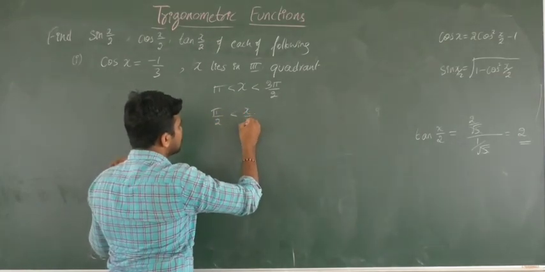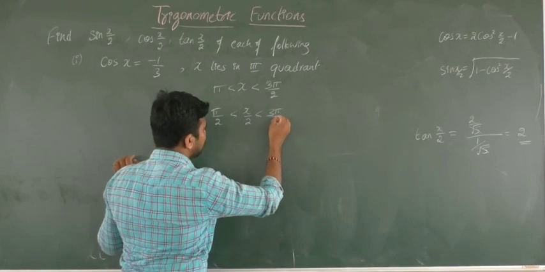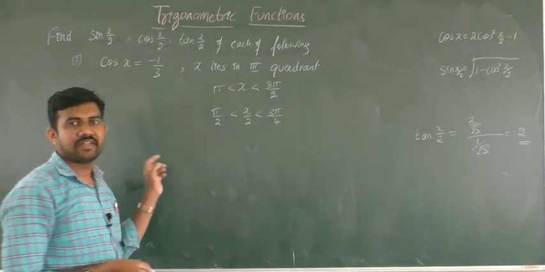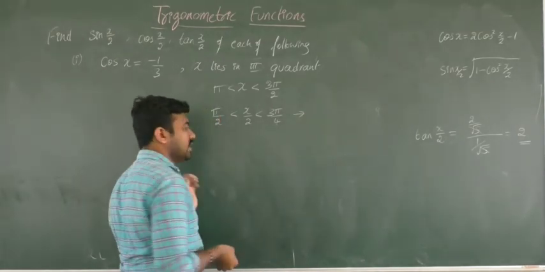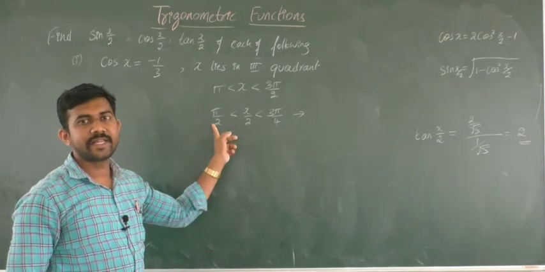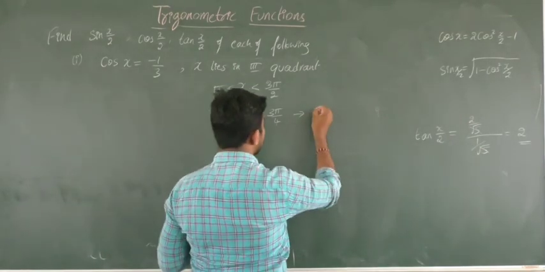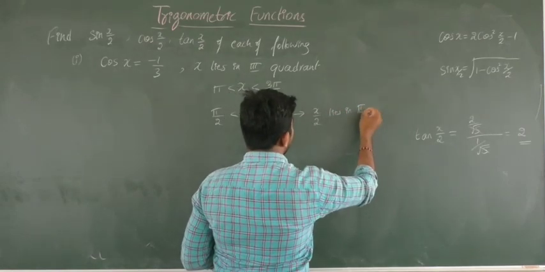X by 2 lies in between 90 degrees to 3 pi by 4. 3 pi by 4 means 135 degrees. So x by 2 lies between pi by 2 to 135 degrees, meaning 90 degrees to 135 degrees. So we can say x by 2 lies in the second quadrant.